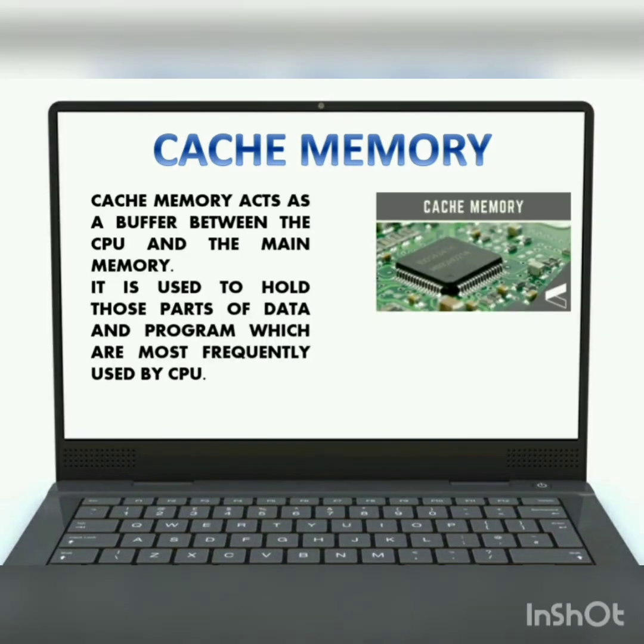Okay, now let's learn the definition of cache memory. A cache memory acts as a buffer between the CPU and the main memory. Main memory means RAM. It is used to hold those parts of data and programs which are frequently used by the CPU. Now, let's have a look at the advantages.